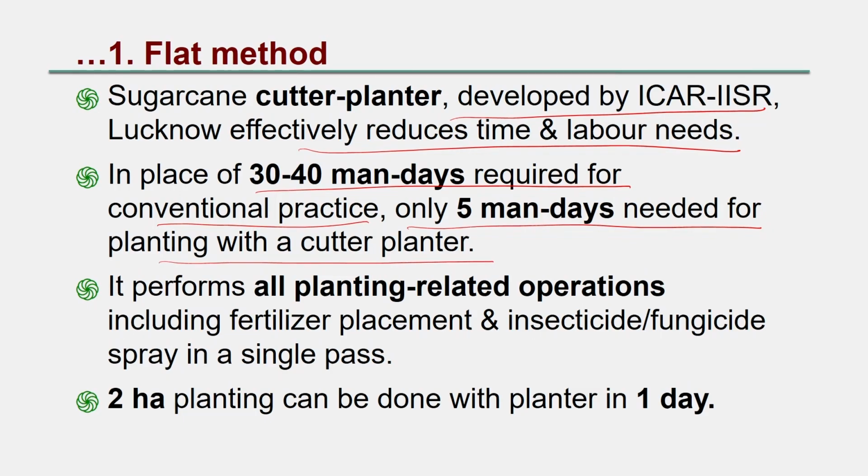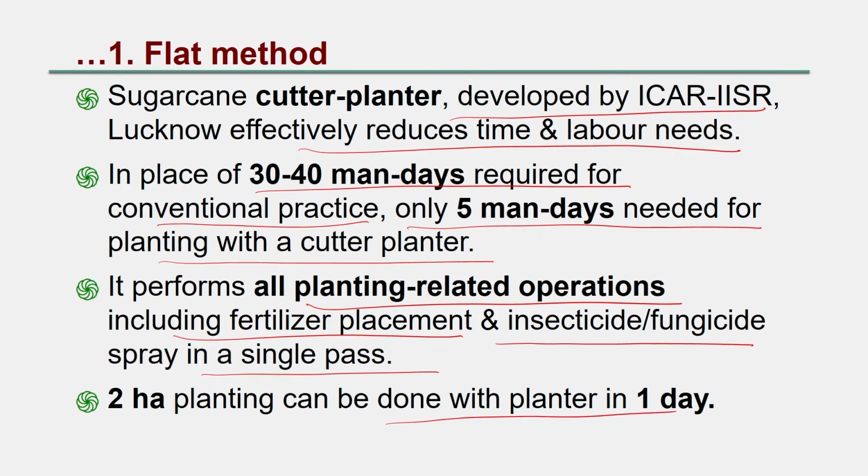So, cutter planter is a self-propelled machine that can plant the sugarcane, and also it can do cutting of the sets simultaneously. It performs all planting related operations including fertilizer placement and insecticide or fungicide spray in a single pass. 2 hectare planting can be done with the planter in one day. So, this machine is quite efficient for planting of sugarcane.